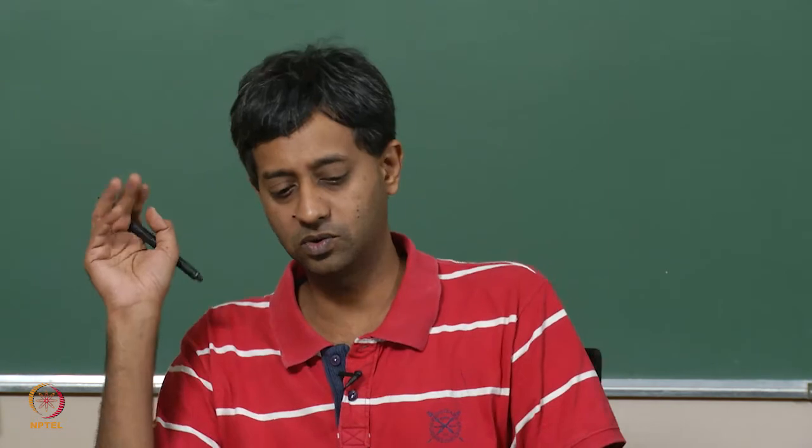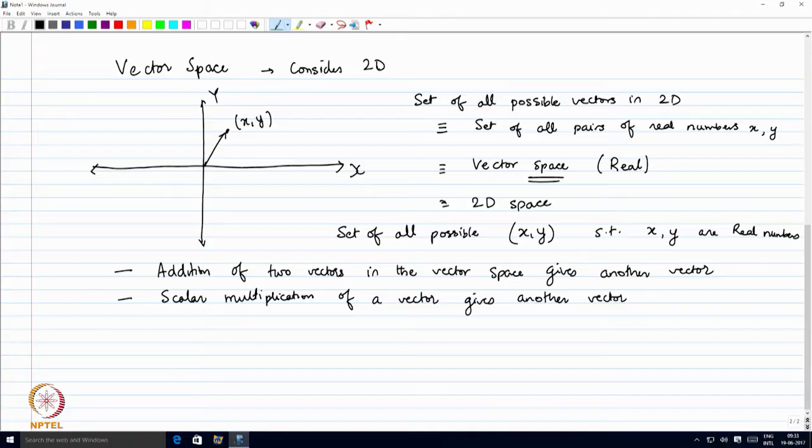And there are certain other fairly obvious things like there is something called a 0 vector, and there is something called an inverse vector. So, A plus a vector minus A gives you 0. The minus A is called the inverse of A, the additive inverse.